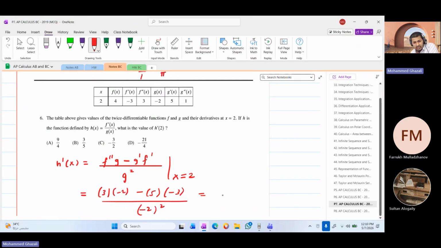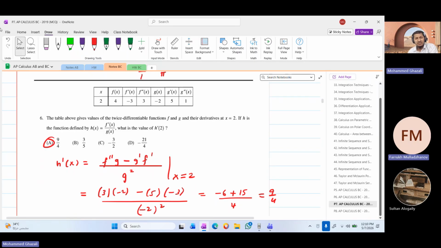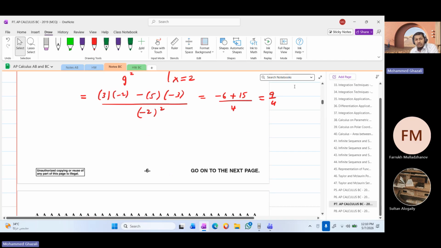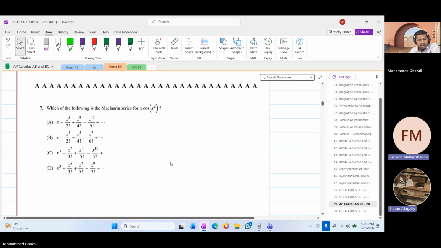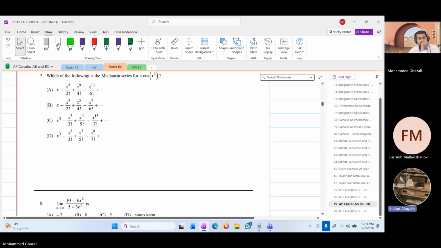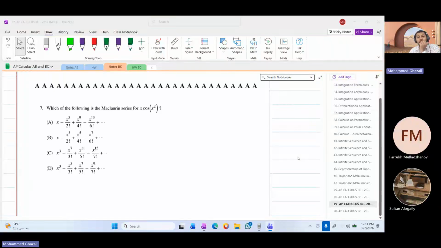What do you have on top? Negative 6 plus 15, divided by 4. That's 9 over 4. Just be careful, this is the part of the exam where we don't use calculators.